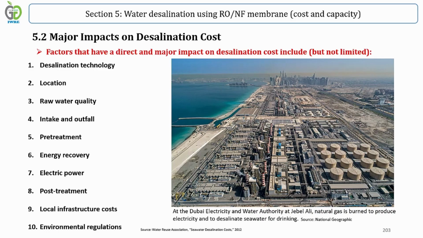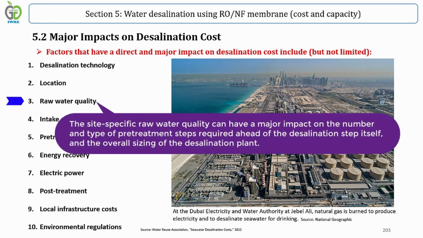Raw water quality. As we have already discussed, in addition to considering raw water quality as the first step in the membrane design, the site-specific raw water quality can have a major impact on the number and type of pretreatment steps required ahead of the desalination step itself and the overall sizing of the desalination plant.